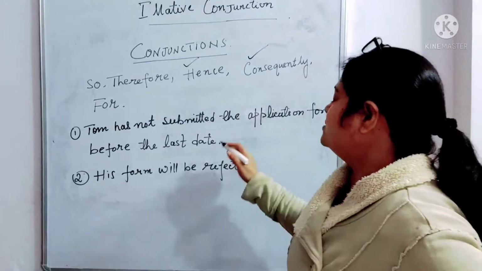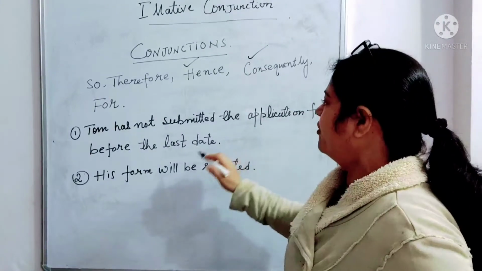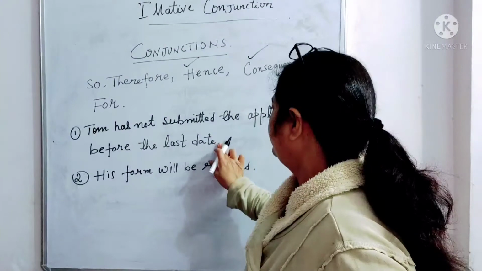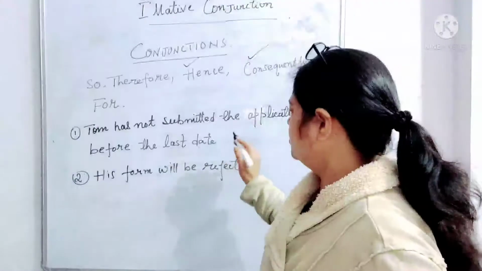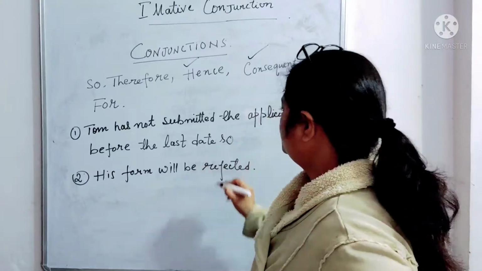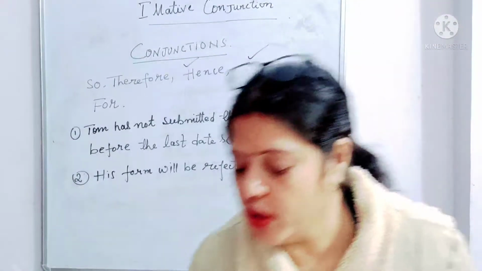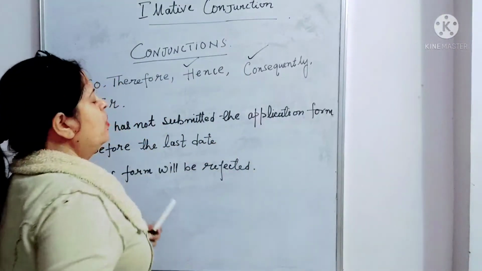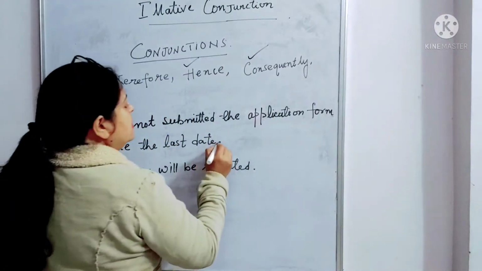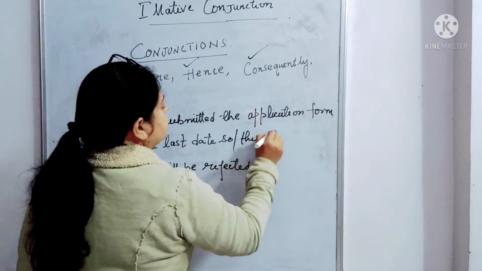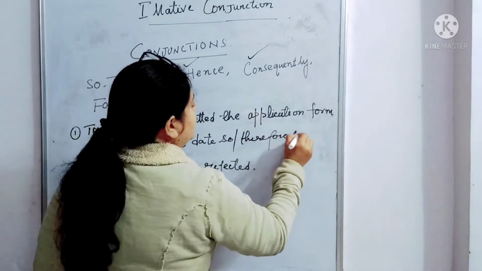So, Tom has not submitted the application form before the last date. What we'll do is, after removing this full stop, we'll write one of the conjunctions. We can write "so," or "therefore," or "consequently."